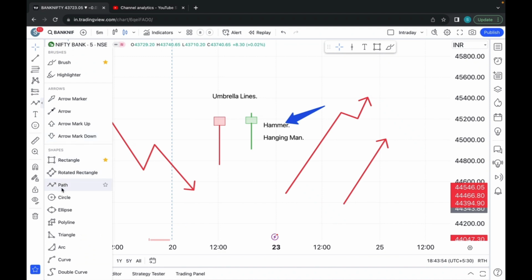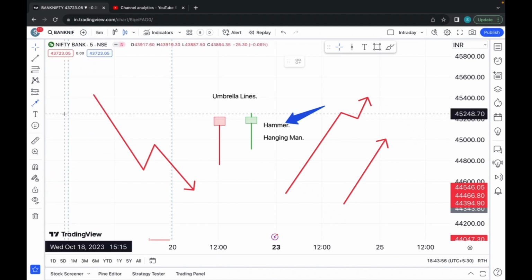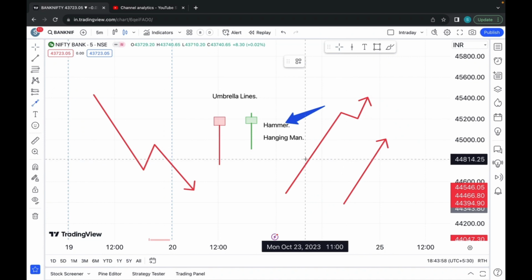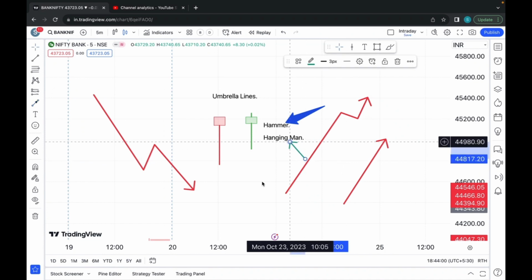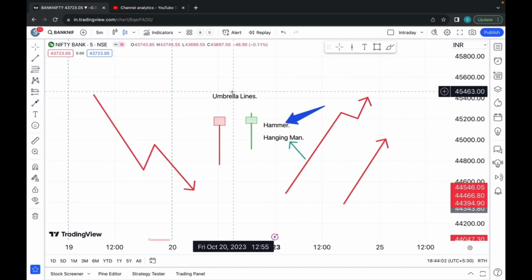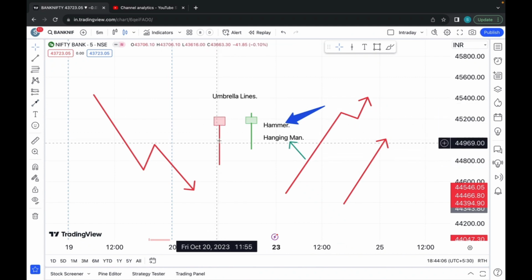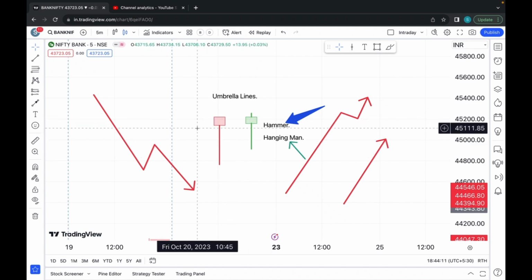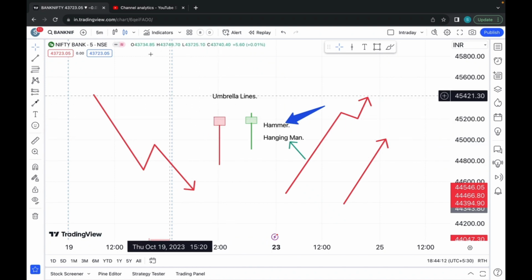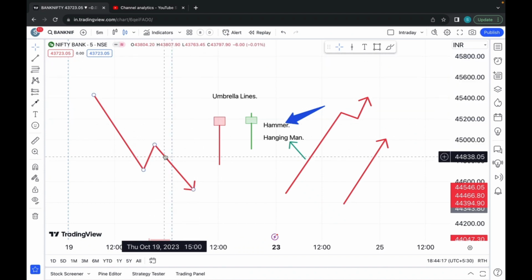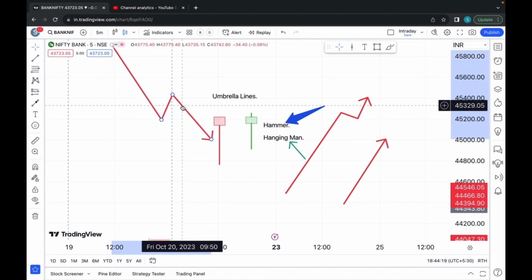So in both cases, you cannot name this candle a hammer or a hanging man just by looking at the candle alone. You need to see the prior trend before this candle formation. If the candle appears after a reasonable downtrend, it is called a hammer.